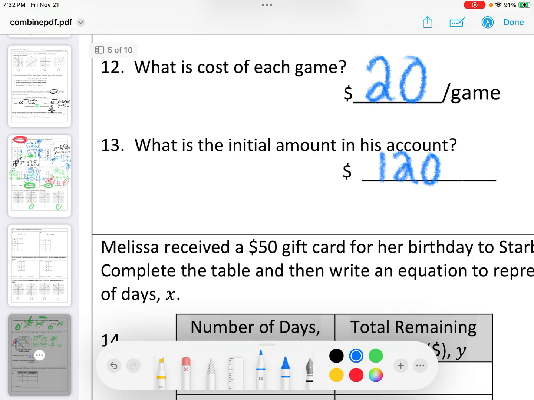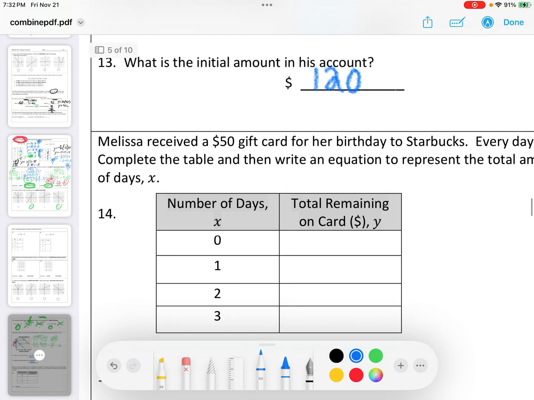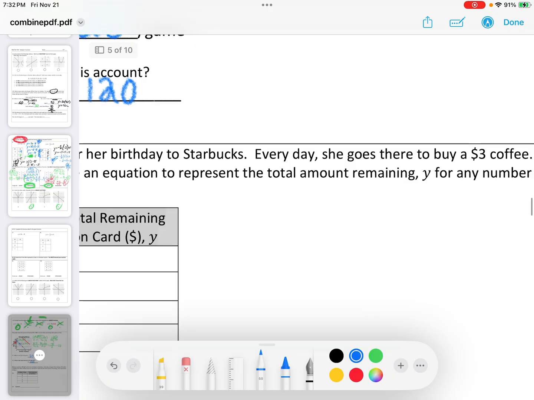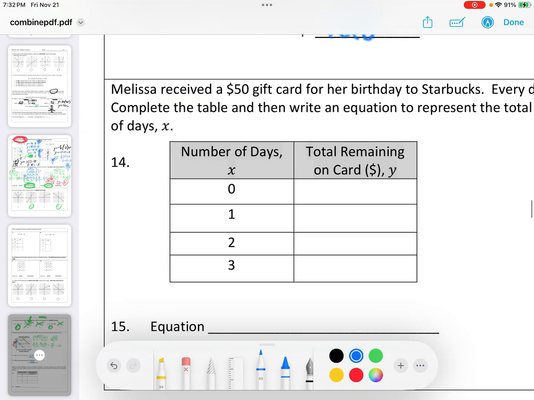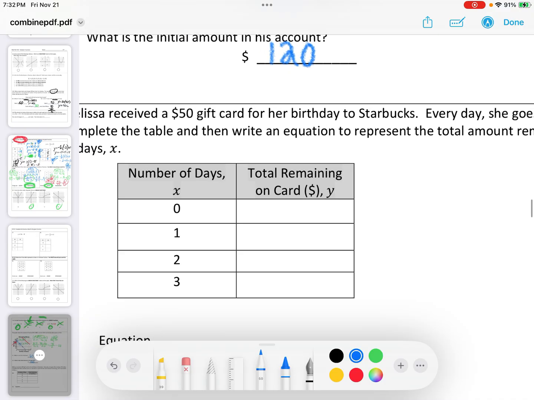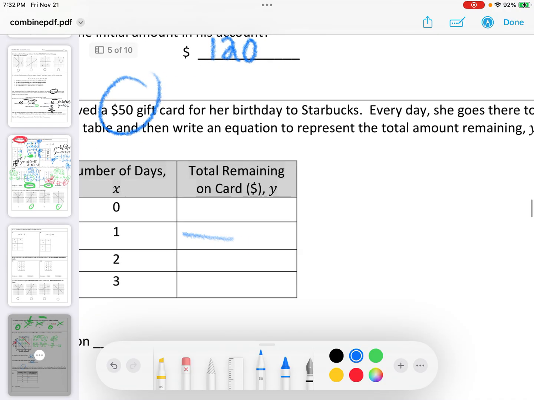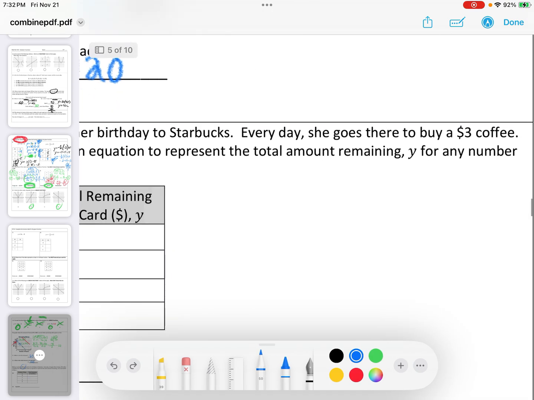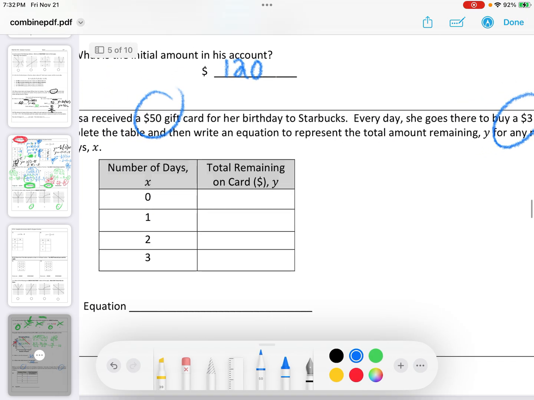Okay. Melissa received a $50 gift card for her birthday to Starbucks. Every day she goes there, complete the table. Okay. So her initial amount was 50. And then each day, $3.